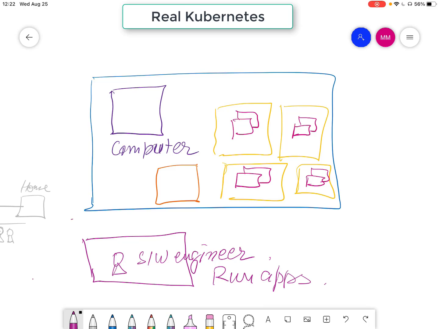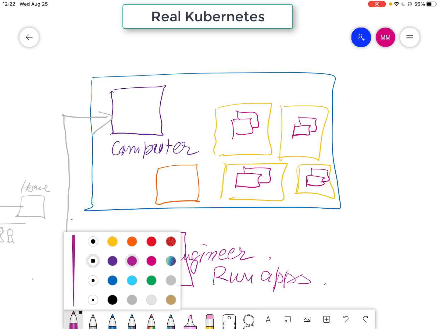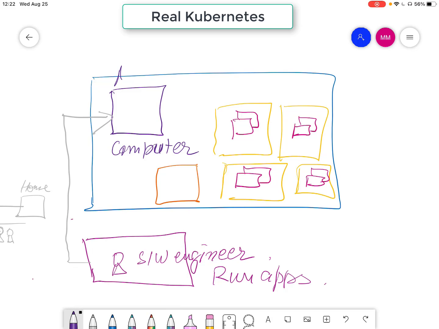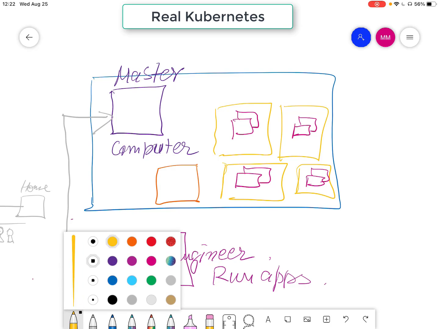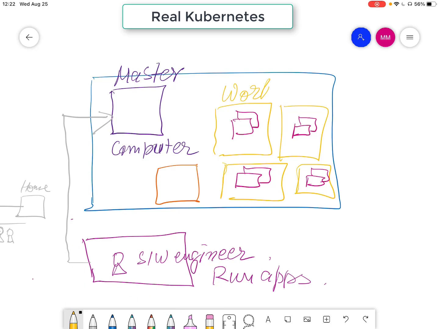And what they're trying to do is run apps. So they send a command to this purple computer. We're going to call it the master computer, and these are going to be called our worker computers, just a bunch of computers running apps in an environment.